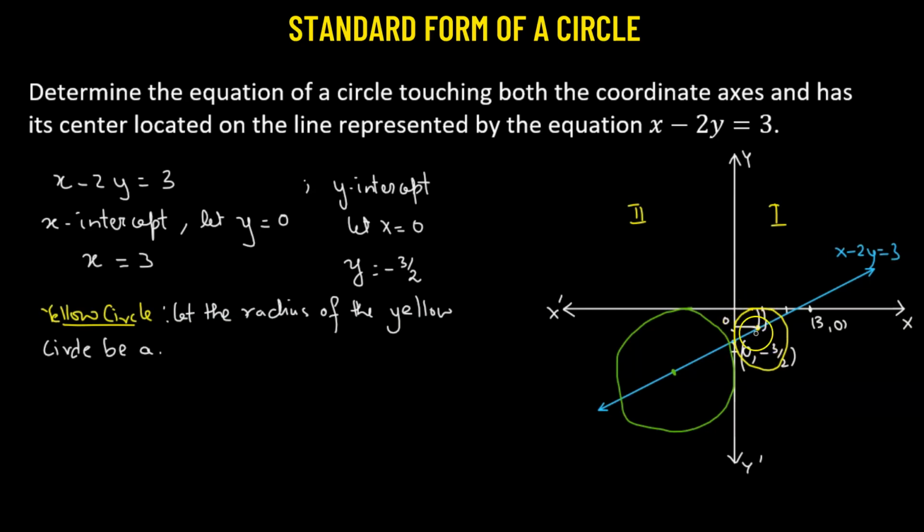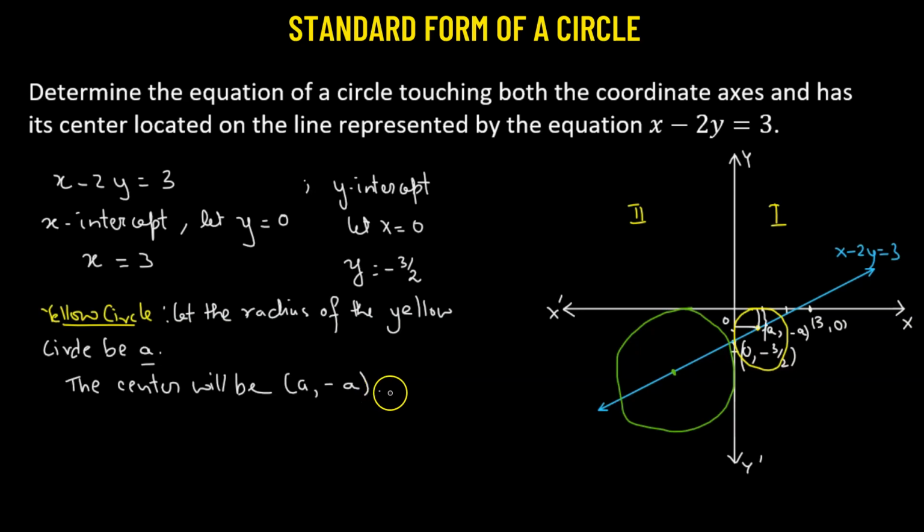In both cases, since we're drawing it from the center to the circumference, that's going to be the radius. We have already assumed that the radius is a, so the x-coordinate is going to be a, and the y-coordinate is going to be negative a, since we are below the x-axis. So the center is going to be (a, negative a).